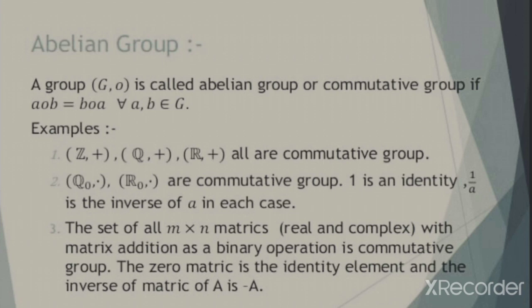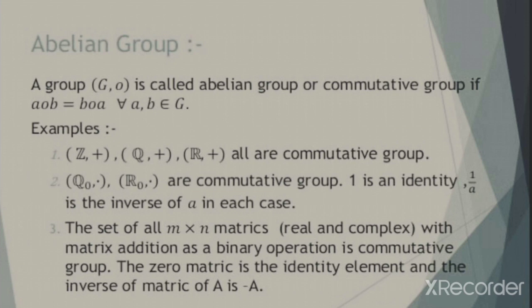Now, abelian group. A group (G, star) is called an abelian group or commutative group if a star b is equal to b star a for every a, b belonging to G. Examples based on abelian groups: (Z, +), (Q, +) and (R, +) are all commutative groups.